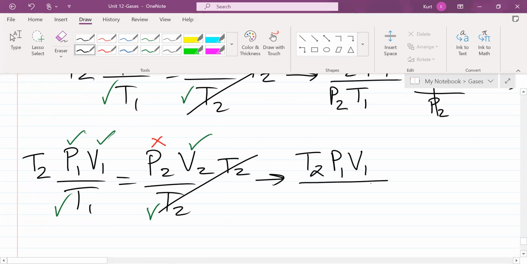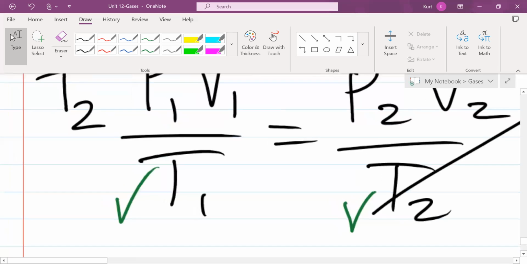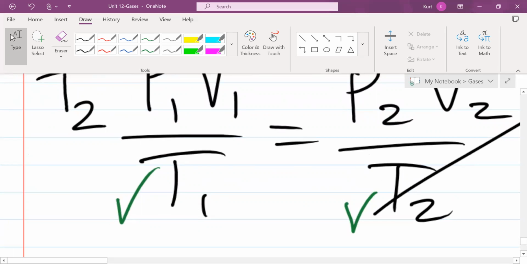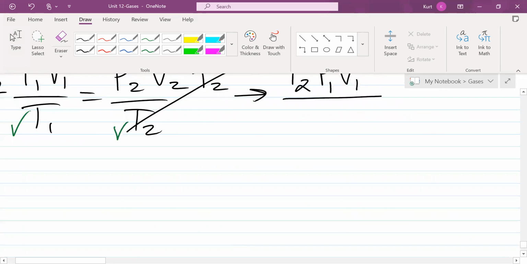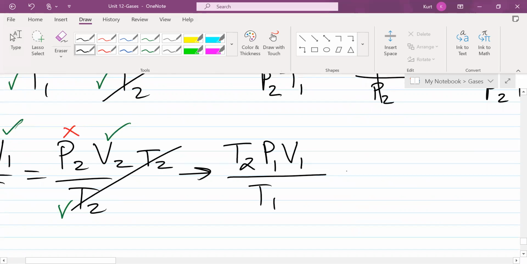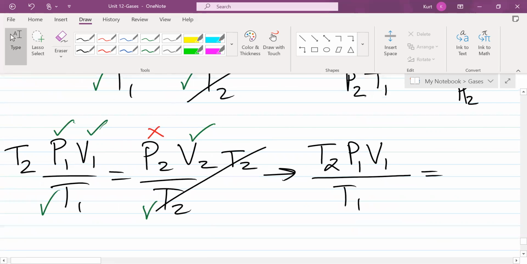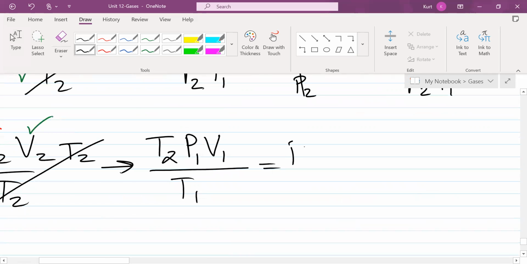And what's on the bottom, Max? T1 is still there. T1 is equal to what? What has not been canceled out so far on the right side? P2 and V2, okay?